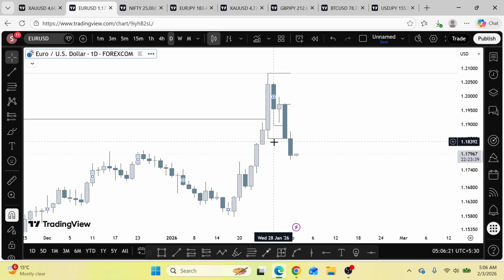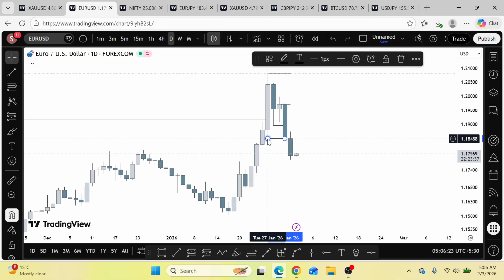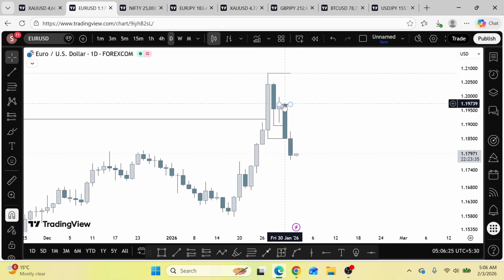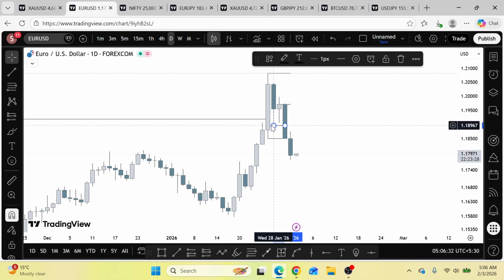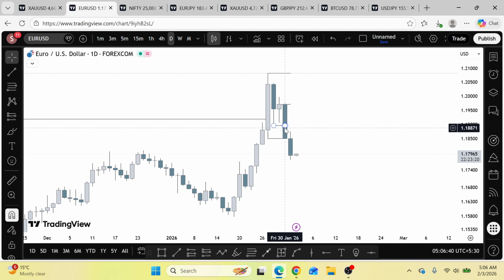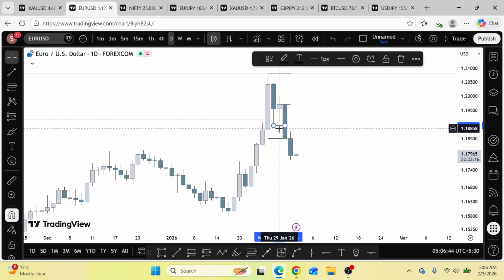The extreme was the Tuesday low, so I was expecting a fall towards this. My target was to trade this low on Friday, but I was not sure when the market would hit this Tuesday low. I was not predicting. So for that Friday, I was just expecting this Wednesday low and this Thursday low to be swept.